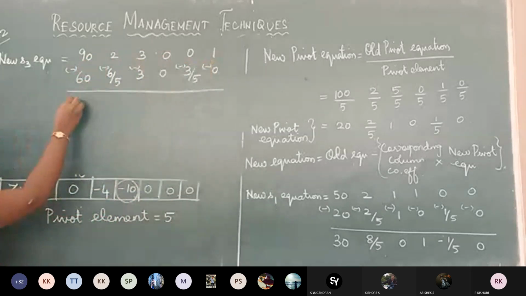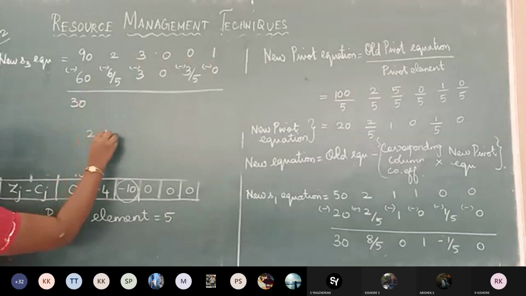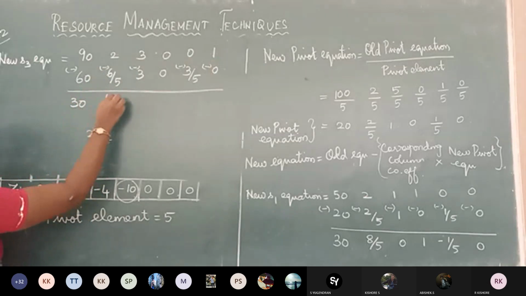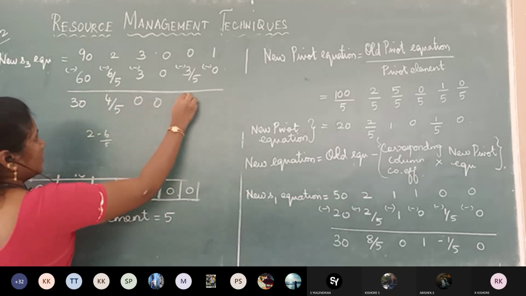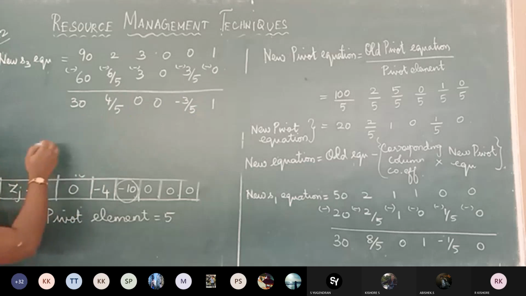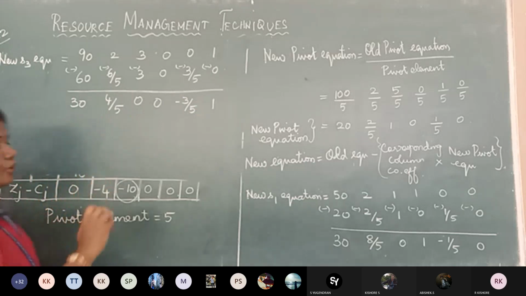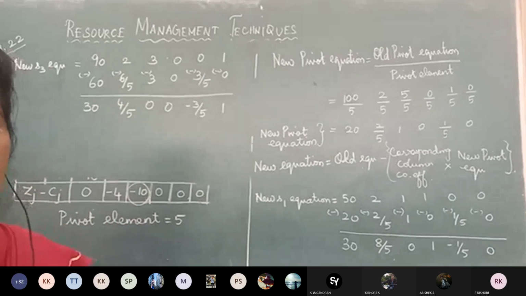So 90 minus 60, 30. 2 minus 6 by 5 will be 4 by 5. Then 0, 0, minus 3 by 5, and 1. So this is your new S3 equation.